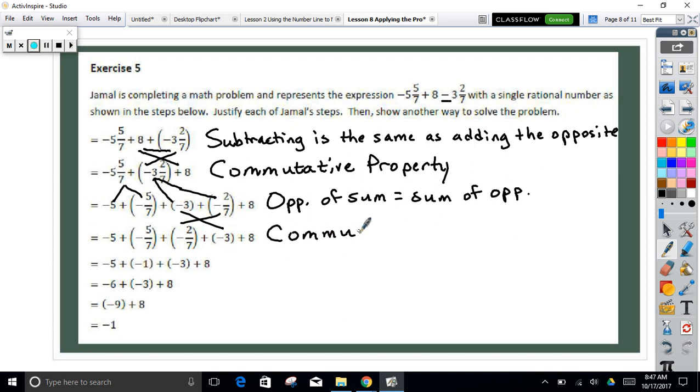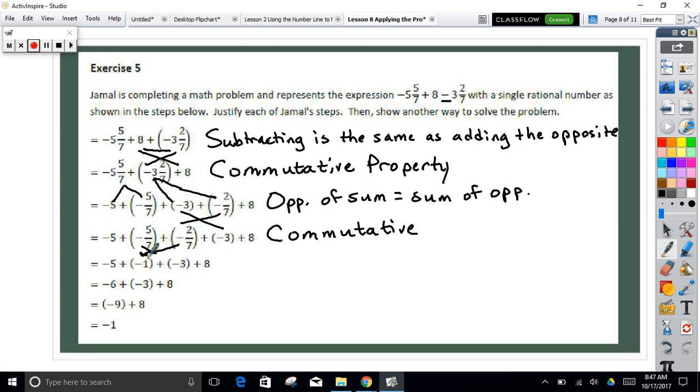So he did the commutative property again. Okay, Adria, what happened in the next step? They added -5/7 and -2/7 together. Okay, to get what? -1. Good. So these two numbers together became -1.